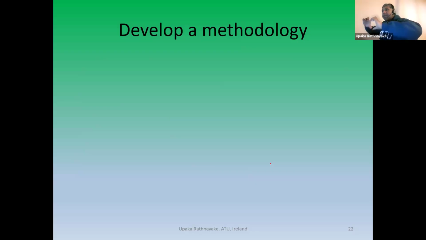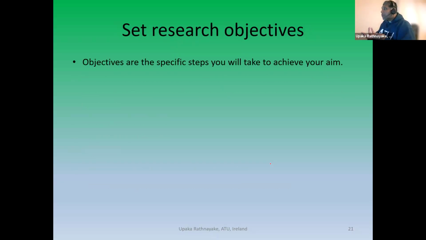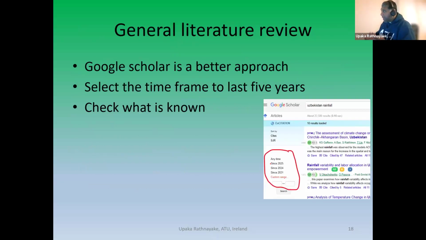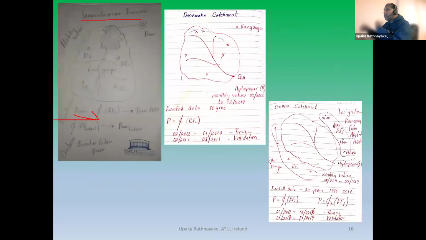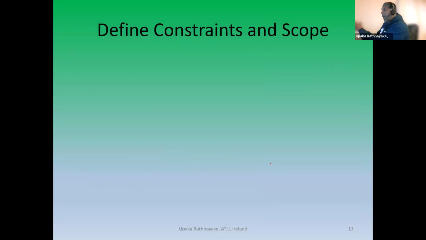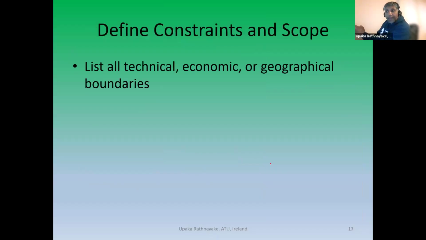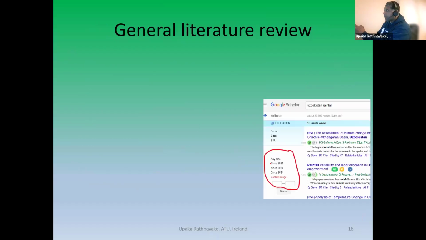So you have defined the problem, you have defined the aim because you already know that, then you have identified the set of objectives. I would basically go back to my research sketch step. So I would go back to the research sketch and revisit. Now, after this research sketch, I have done the constraint analysis, I have done the literature review.